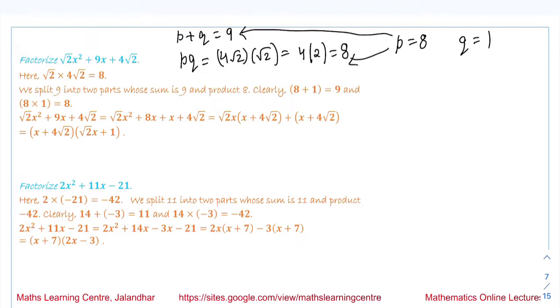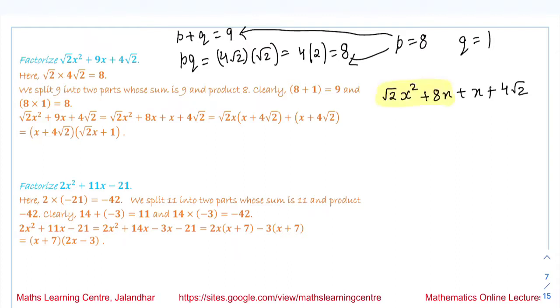So when we write these terms in this form, it is root 2x square plus 8x plus x plus 4 square root of 2. Now the problem is how we are going to take common from these terms. We are grouping the terms like this.